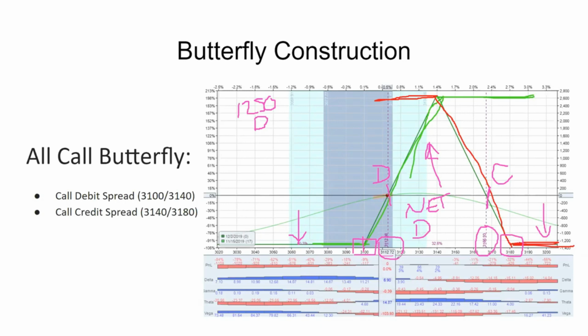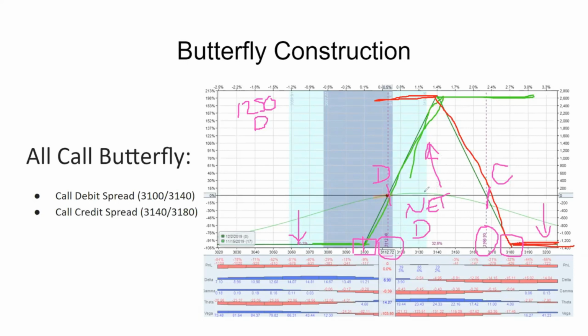So while SPX is trading at 3112, in order for this butterfly to make a profit, we need to assume that the price is going to be somewhere between 3112 and 3166. And we need, number one, our outlook has to be bullish.